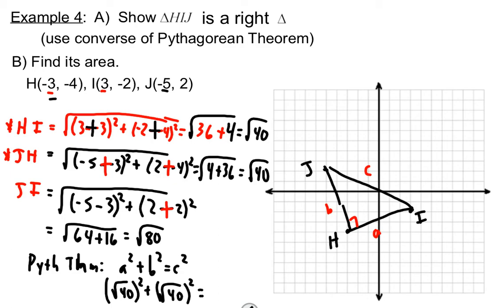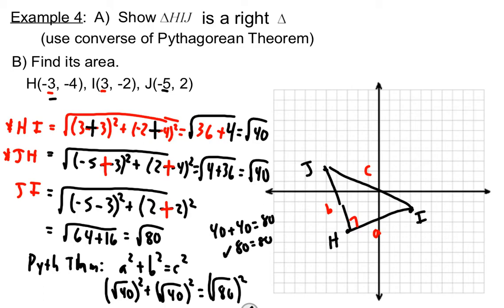And we're trying to show that that's equal to the square root of 80 squared. So if you look at that, remember squared and square root undo each other there, so that square root of 40 squared there is 40. Square root of 40 squared there is 40. And the square root of 80 squared there is 80. So 80 does equal 80.